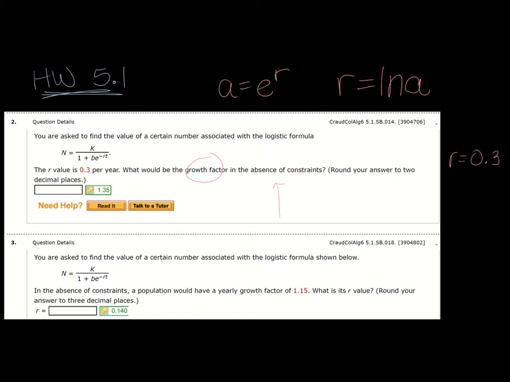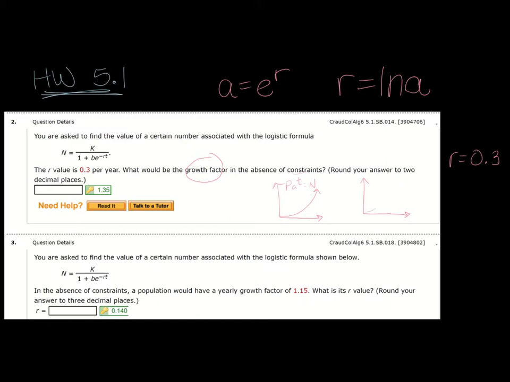We only get a logistic model if we begin with the exponential. Here's our exponential model, P a to the t equals our function. We only get the logistic model if we have constraints, if we can't grow forever in an unbounded way.